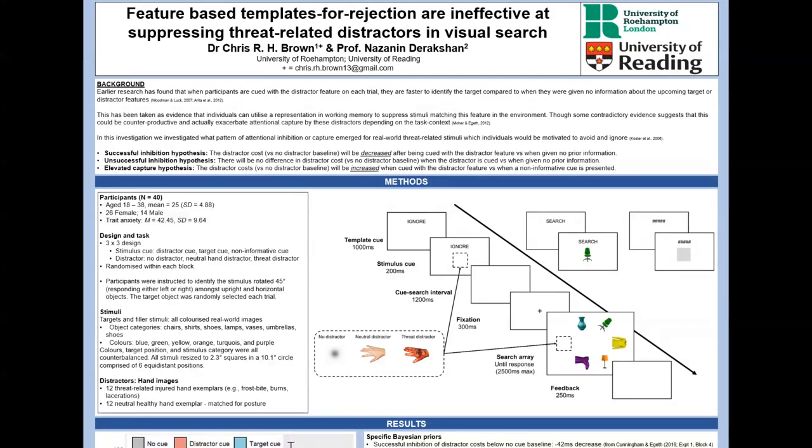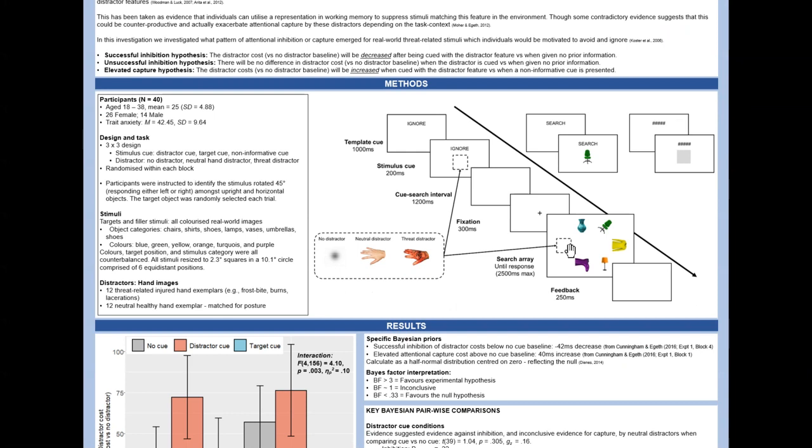To explore this, we recruited 40 participants who completed a novel visual search task. Within this task, they were first cued with either distractor information and told to ignore it, target information, which was a picture of the target, and a non-informative cue which acted as the baseline.